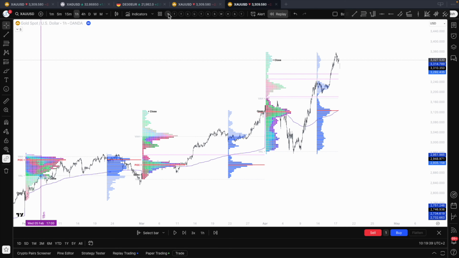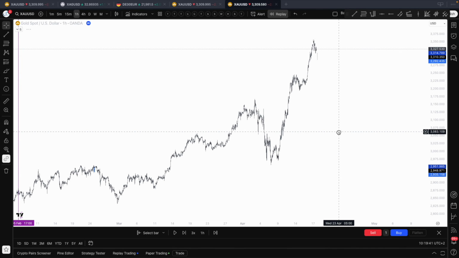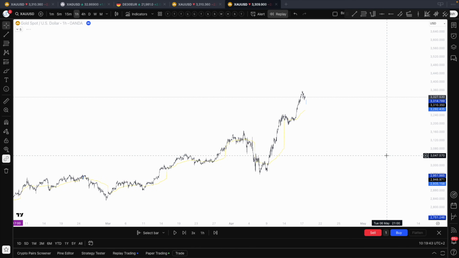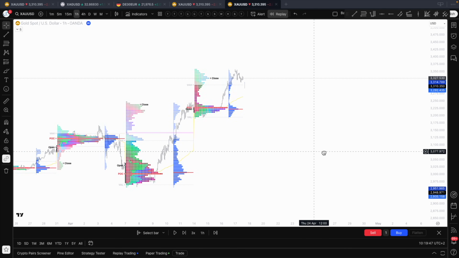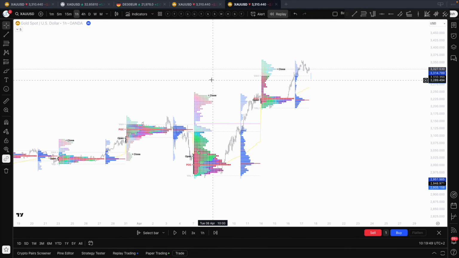Then from there, I'm going to the weekly TPO, and I'm doing the same thing. So on the weekly TPO, let's do the same analysis. We see here that's the previous week profile. You see value area high is here. We are closing up here, so it's an out of balance uptrend also on the week.